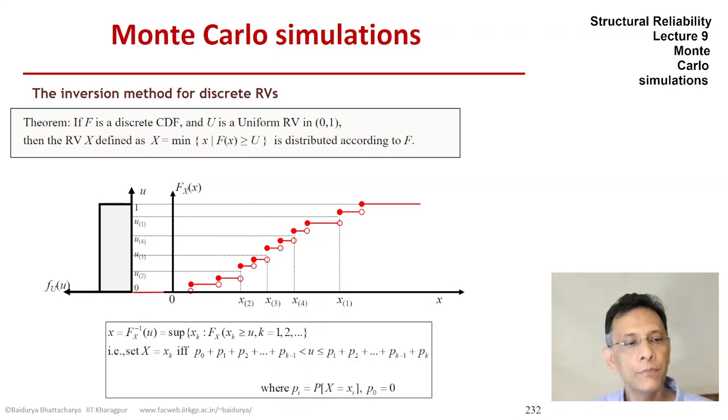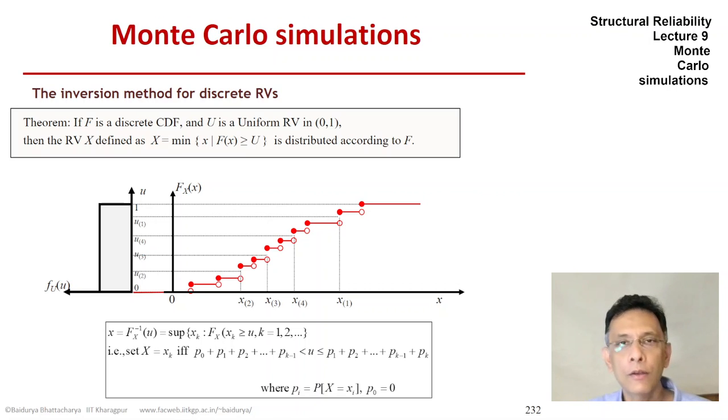Which basically means that we need to make a finite number of comparisons to obtain the discrete deviate from the uniform number that has been generated. The uniform distribution is still the continuous distribution, taking values between 0 and 1.